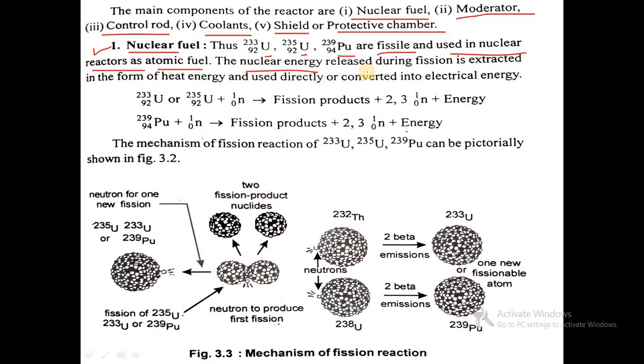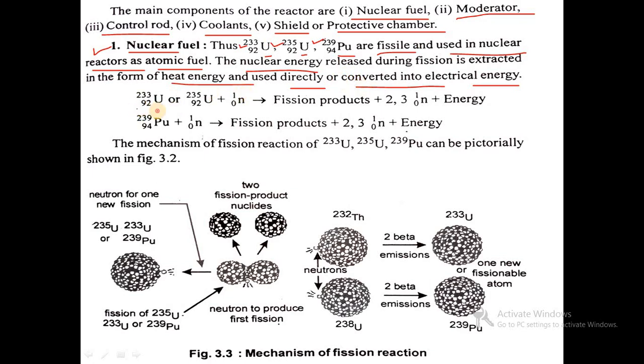The nuclear energy released during fission is extracted in the form of heat energy and used directly or converted into electrical energy. So which are nuclear fuels? Uranium 233, 235 and plutonium 239. In exams or multiple choice questions, they will ask which of the following are nuclear fuels.